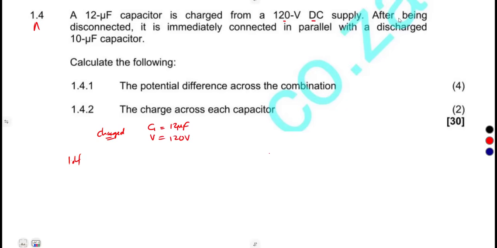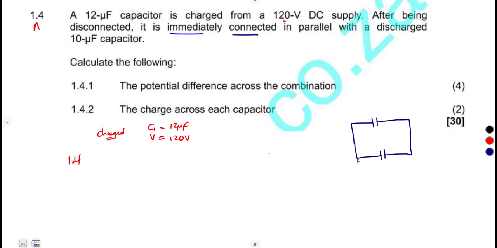So after being charged, it is being disconnected. It is immediately connected in parallel, or they can say connected across, a discharged capacitor. When it is across, it means in what? In parallel. So immediately that capacitor was connected in parallel to a discharged capacitor.